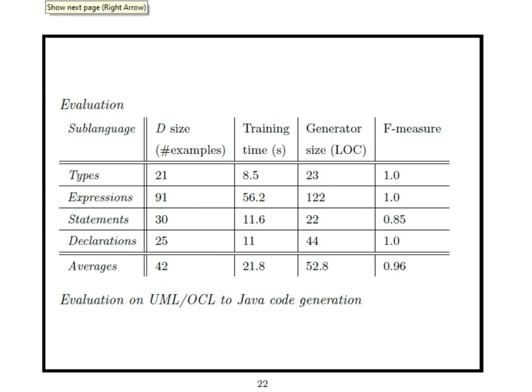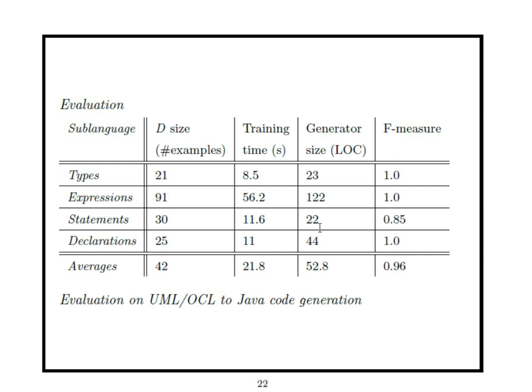Okay, so we evaluated this on translation from OCL and UML to Java, and also from OCL and UML to C. And here you can see the number of examples is actually quite small, with a total of under 200 examples there.